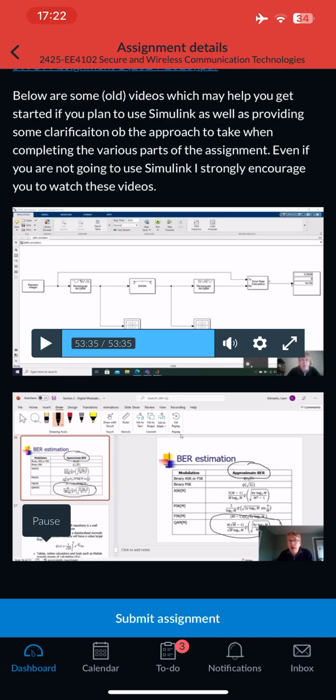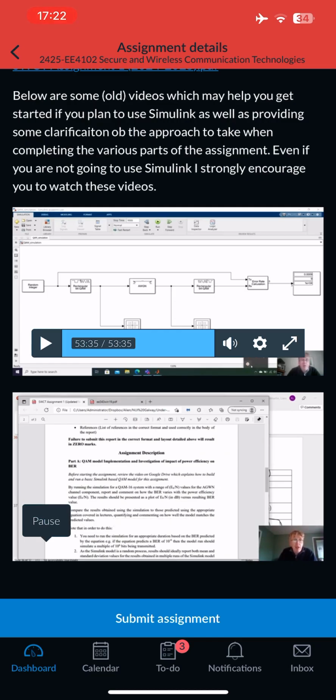Now, the reason why it's described as an approximate bit error rate is because it's based on a derivation that concludes with a symbol error rate, and we then imply the bit error rate from the symbol error rate by making some very simple assumptions.